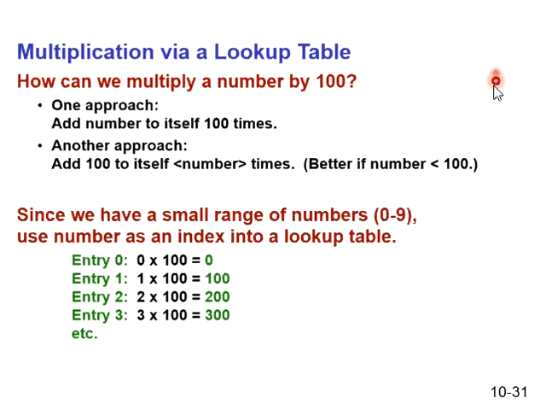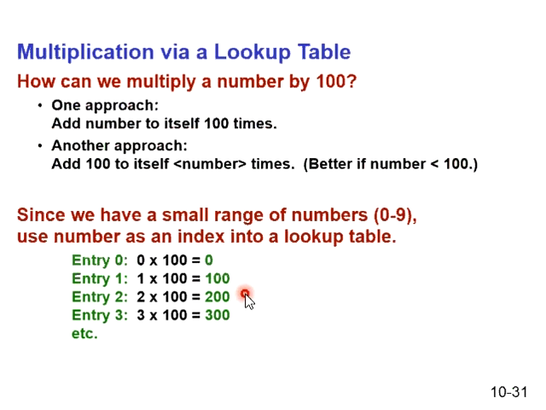There are two techniques. How can we multiply a number by 100? The first way, you add the number to itself 100 times. On the second approach, you add 100 to itself number times. It's better when the number is less than 100.